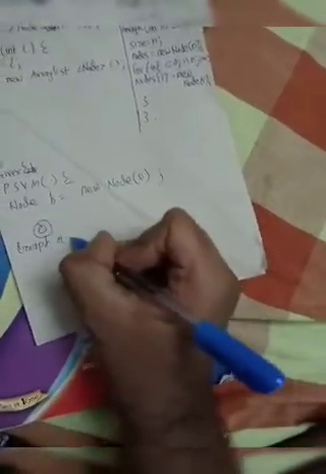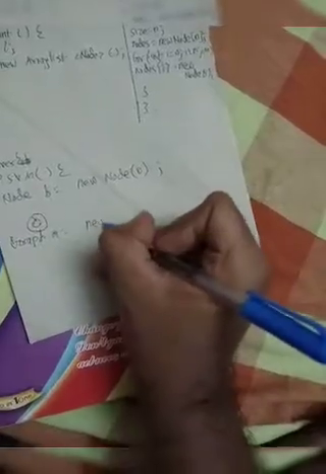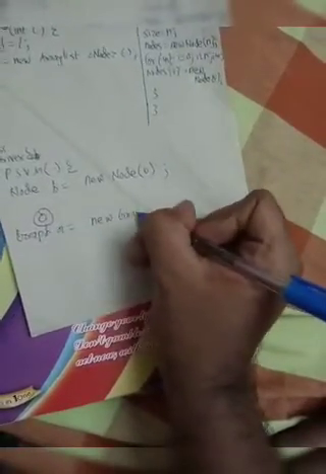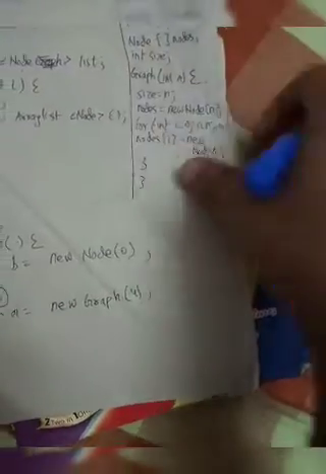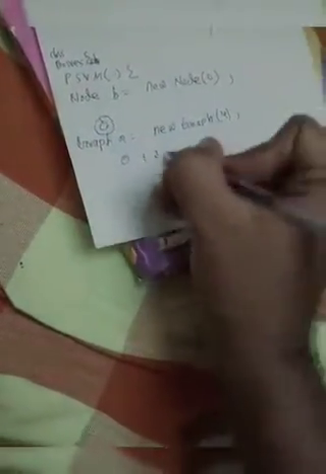If we do graph a is equal to new graph 4, it will create an array of size 4, and it will create 4 nodes: 0, 1, 2 and 3.